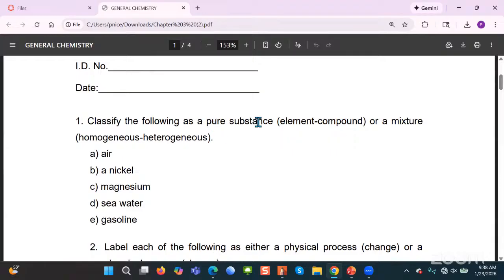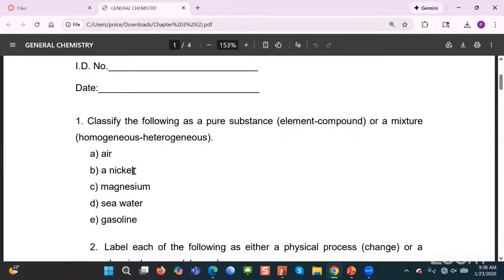If it's a pure substance, you have to state whether it's an element or compound, or if it's a mixture, and again in parentheses, they put homogeneous and heterogeneous. In other words, if you say it's a mixture, you have to state what kind of mixture it is.